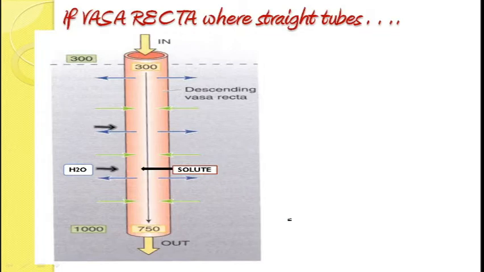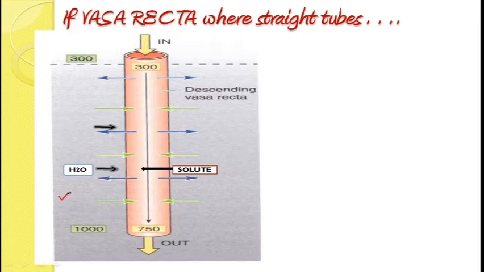Now we know that vasa recta are U-shaped structures surrounding the loop of Henle. But assuming they were straight tubes, what would happen? They would go from the cortex deep into the medulla, and we all know that the medulla is very hyperosmolar.